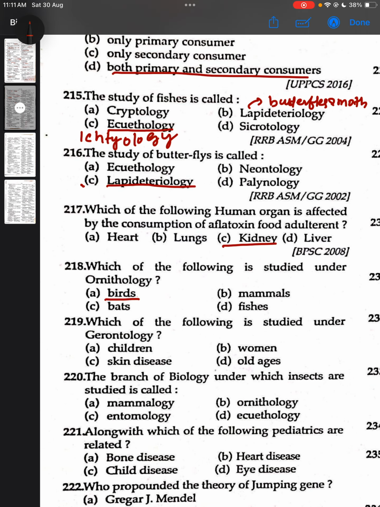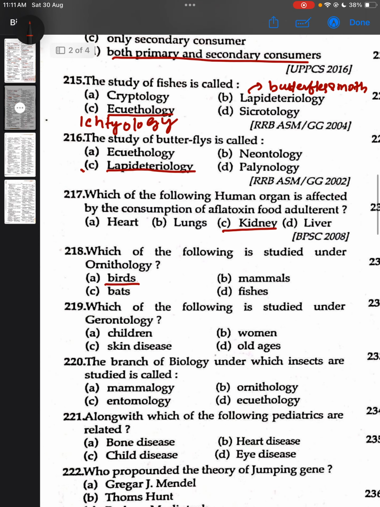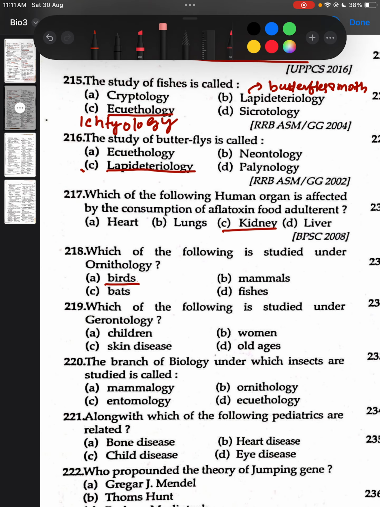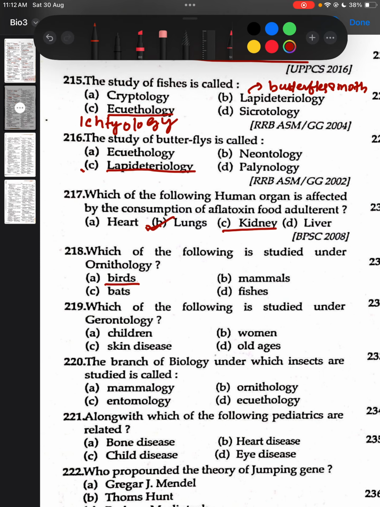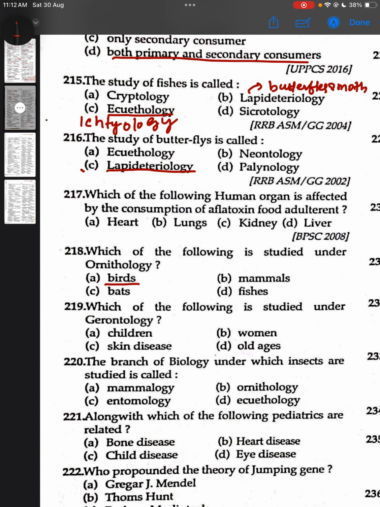Which of the following human organs is affected by the consumption of aflatoxin food adulterant? The correct answer will be lungs. Sorry, the correct answer will be liver. It will not be lungs. Here correct answer will be liver. And which of the following is studied under ornithology? The correct answer will be birds.